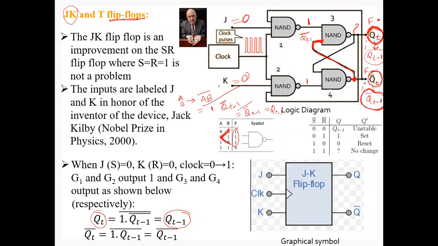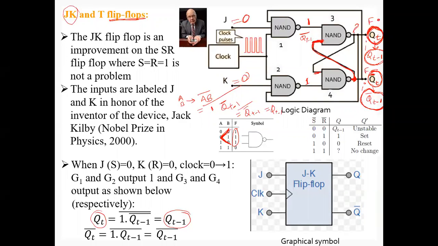So now similarly, what is your QT bar here? So what is the input? How do you find the QT bar? One of the inputs is 1 here. You are trying to find QT bar. That's why your input is QT minus 1, right?